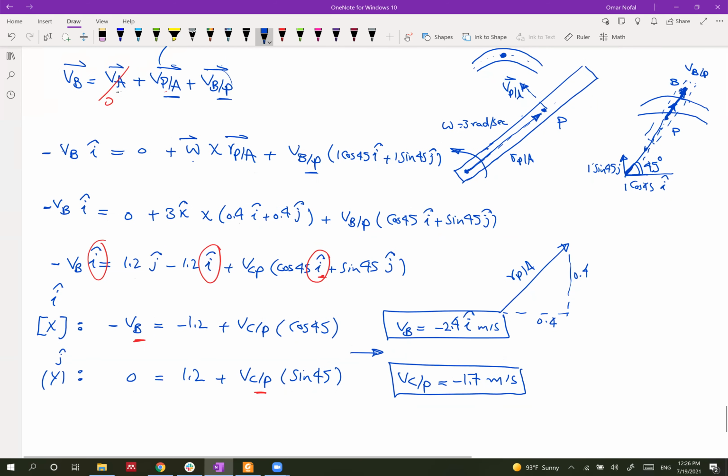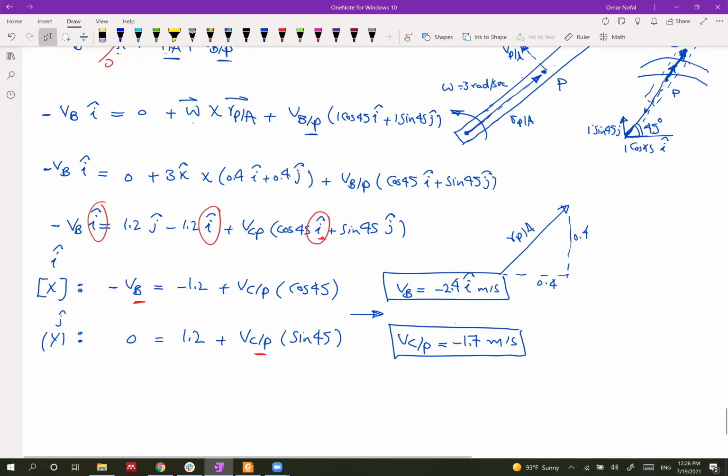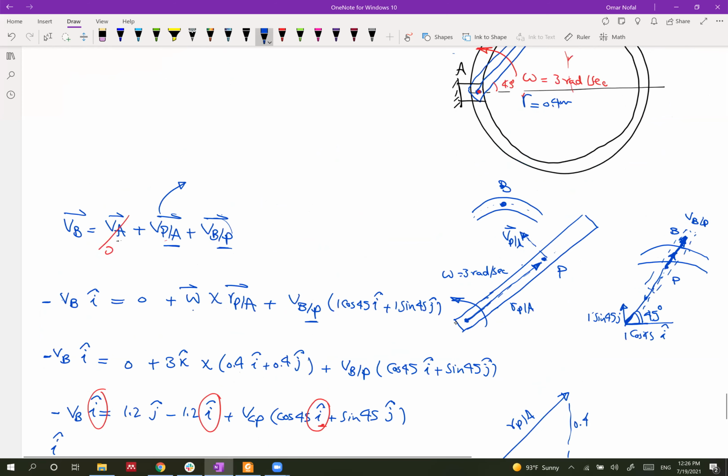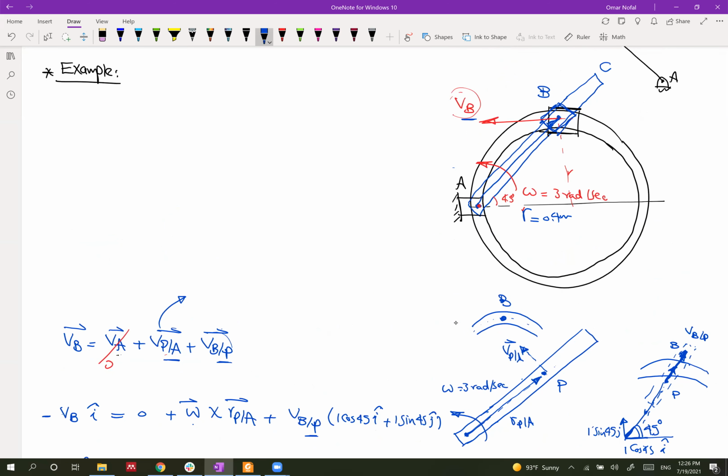If we want the directions, so VB as a direction, sorry, this should be negative 2.4, so negative 2.4 in the I hat direction, like what we did here. So we got the magnitude, and we know it's in this direction based on the omega.